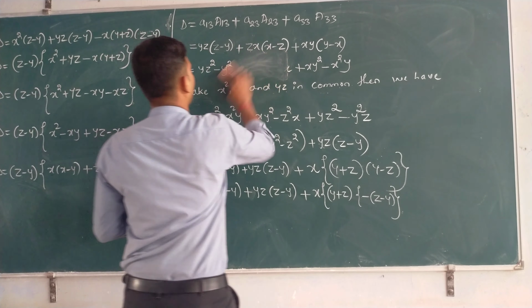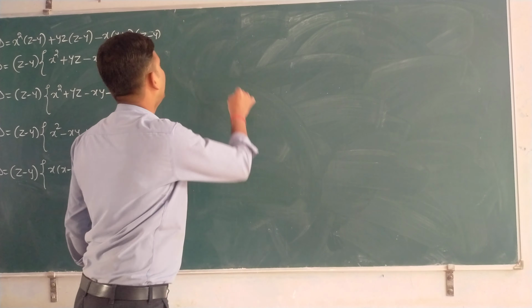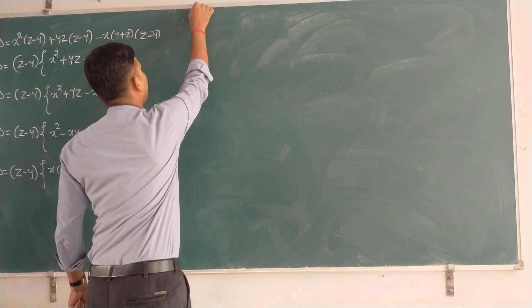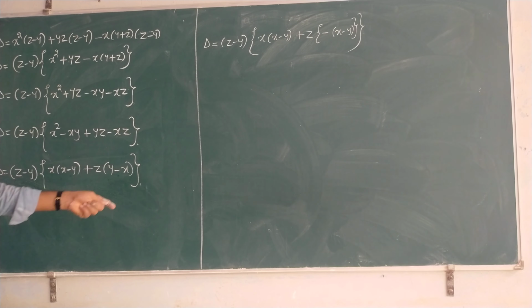After that I will write delta is equal to z minus y. Here out of 2 which one is common? X minus y, here y minus x, better to write x into x minus y plus z into minus x minus y, minus you take it as common.